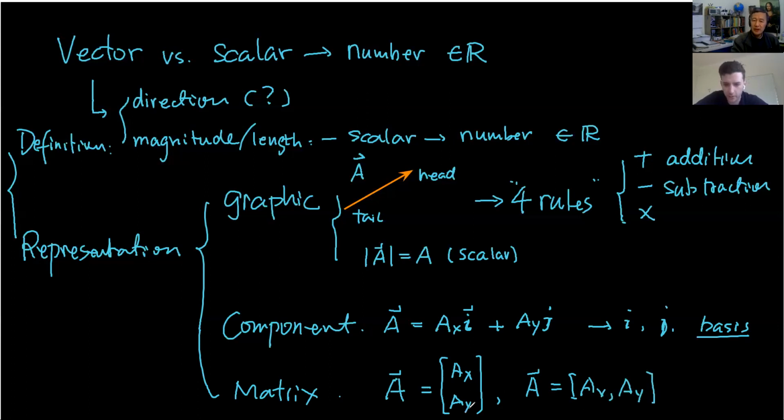But we will explain how we can simply rely on the two components to represent vectors. Okay. So let's talk about the graphics. So this is the first topic today. Secondly, if we have time, we'll cover this one. Okay.